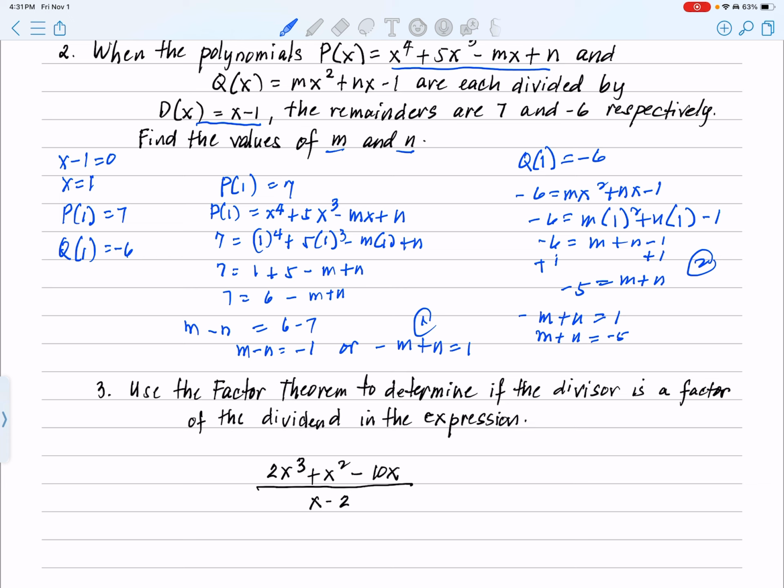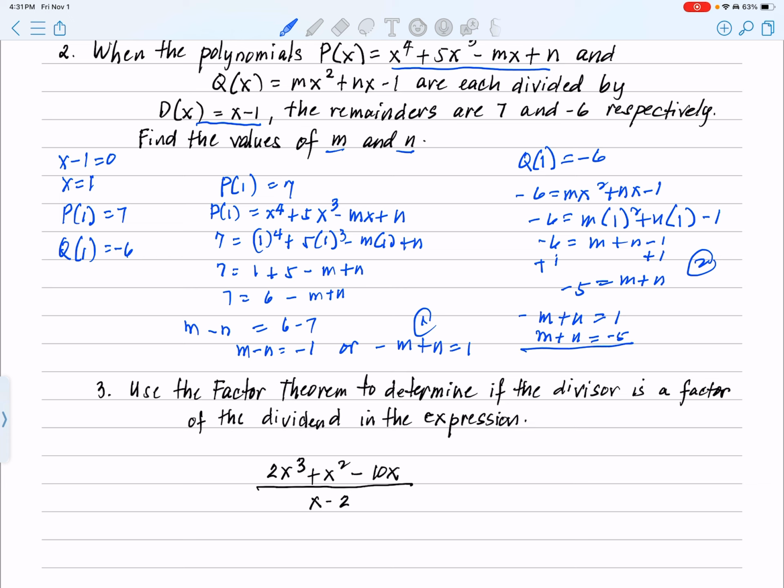So I could cancel this out. I have 2n equals, this is negative 5, that would be negative 4. So n is negative 4 divided by 2. That is negative 2. We have the value of n.